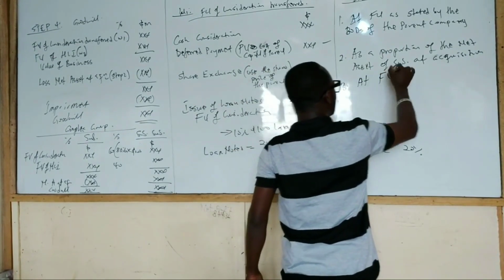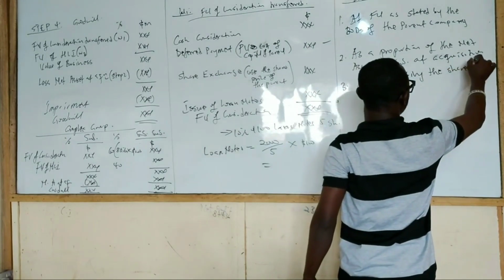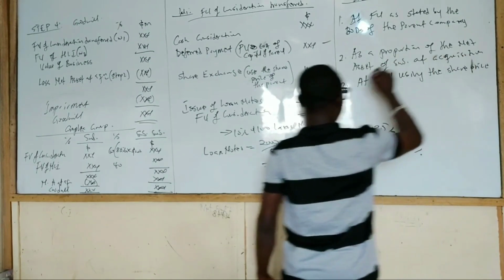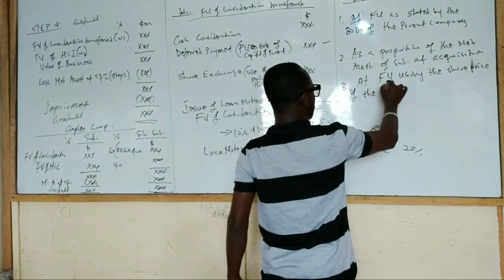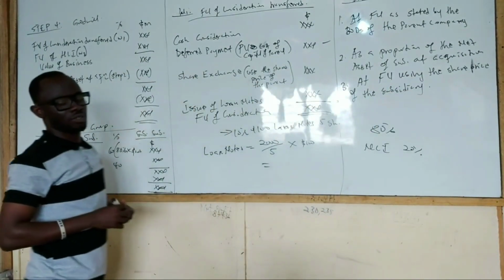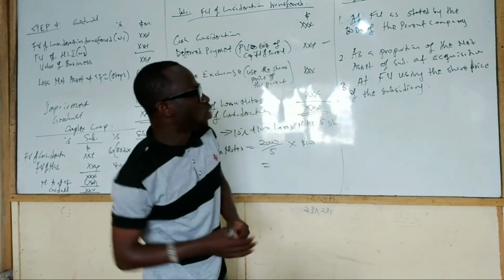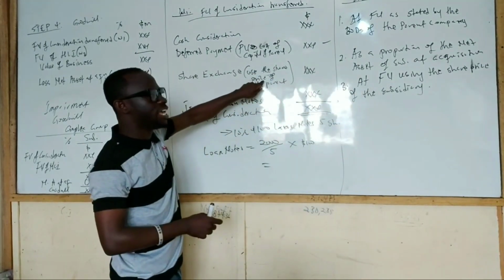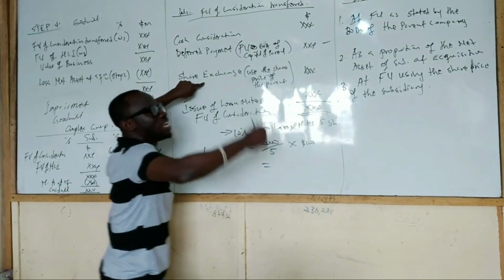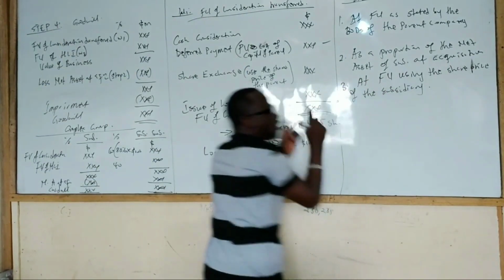The third one: at fair value, using the share price of the subsidiary. It was this that I was emphasizing here. If there is share exchange, and at the same time the examiner tells you that NCI is valued at fair value, then you got to be careful.